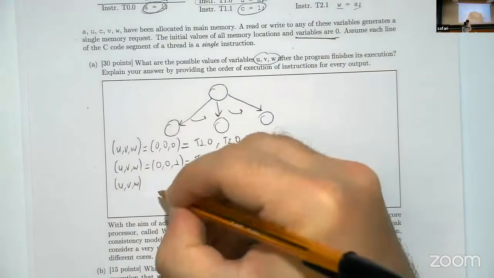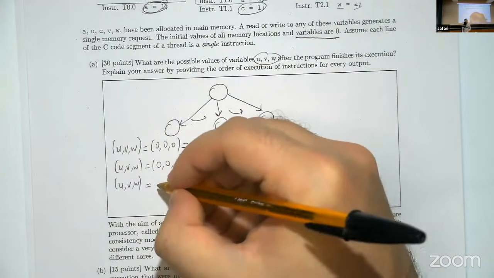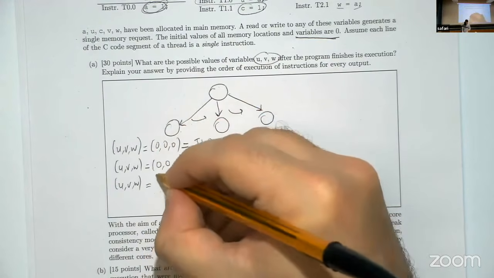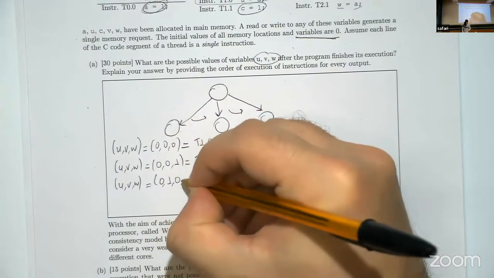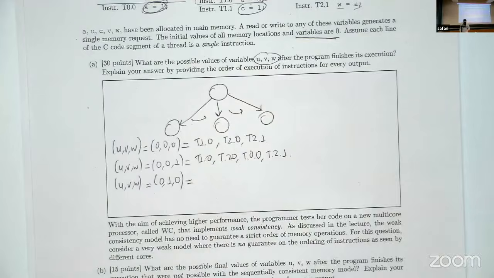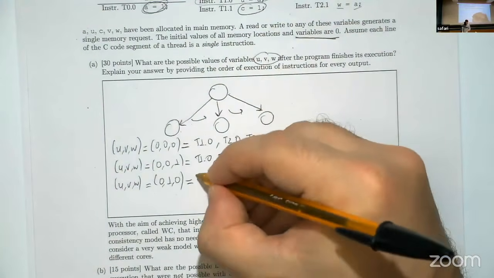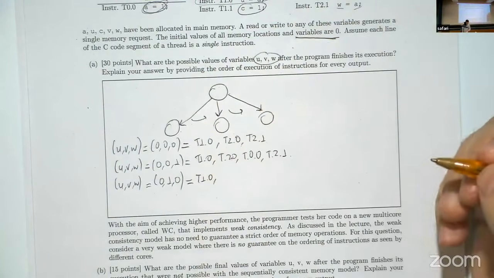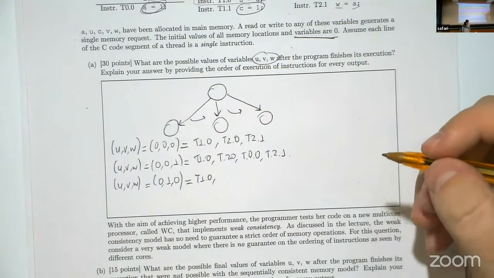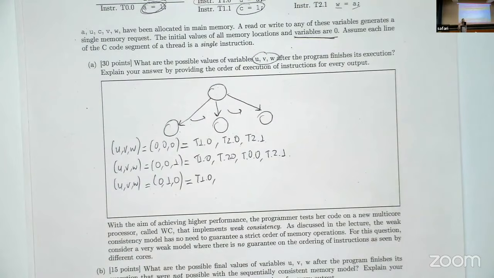Next scenario. This is a really boring exercise, which you will need to do. 0, 1, 0. Again, U is 0, so you first need to execute T1, 0. And then after T1, 0, somehow you need to figure out a way that V is set to 1.